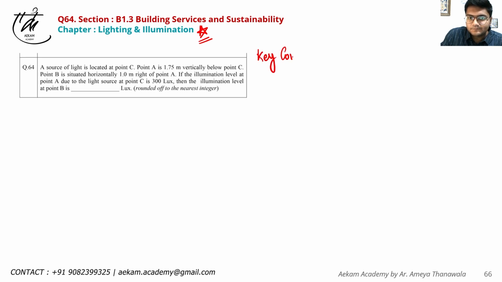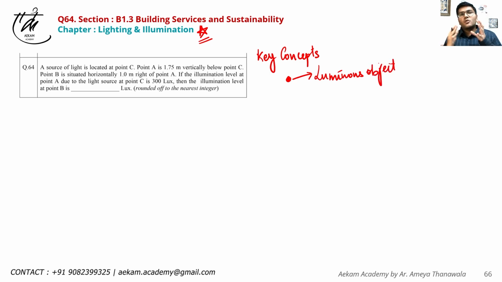So there is obviously going to be a source, right, that will emit the light. The source that emits light is called a luminous object. The luminous property of the source, that is how much light it is emitting, is your luminous flux. The unit is lumen.